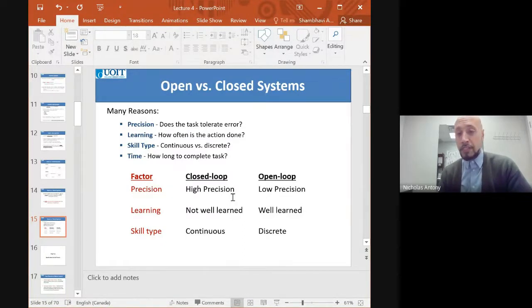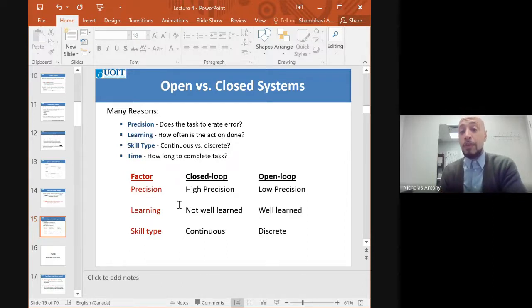So Pardis, what about this idea if something is learned very well or not learned well? If something's new versus a motor skill that we've learned very well, maybe that's a factor in whether our body can use an open or closed loop system, right? Yeah, new is not as coordinated.